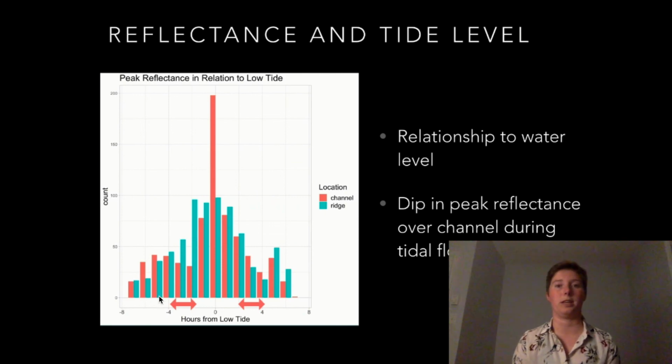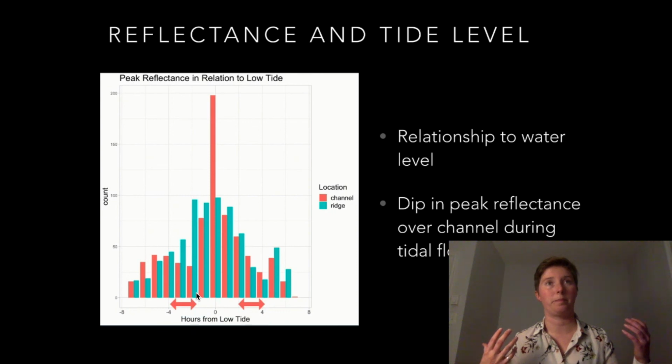So that's just something pretty interesting. I would like to compare it against bathymetry of everything, but right now I think this is a really promising and interesting thing to look into.